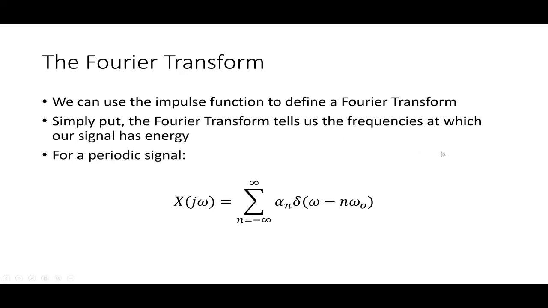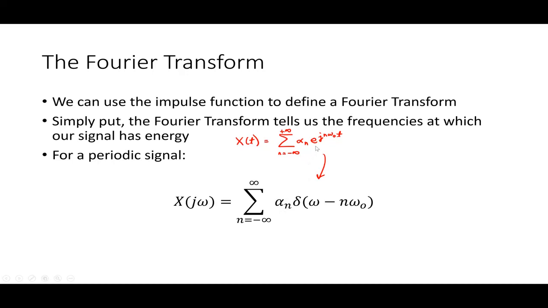Now, in the special case that I have a periodic function, which means that I know that it can be represented as a sum of complex exponentials, like so, then in that special case, for our periodic signal, what I have is a Fourier transform. Basically, this is a complex function, and it tells me the frequencies at which my signal has energy.